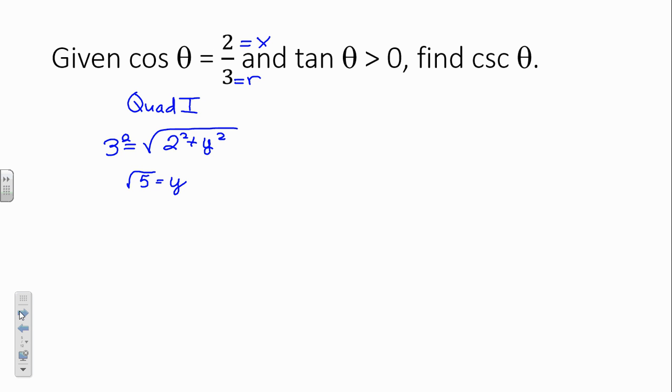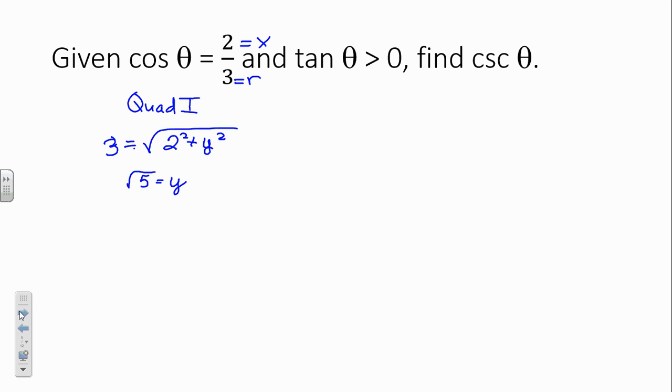Okay. So now the next step, r squared, we don't need the squared here. R is the square root of x squared plus y squared. Okay. So we know that our y is square root of 5.